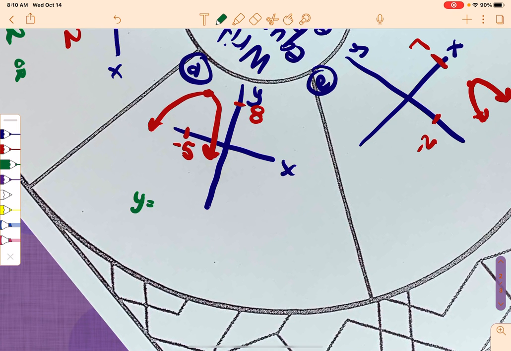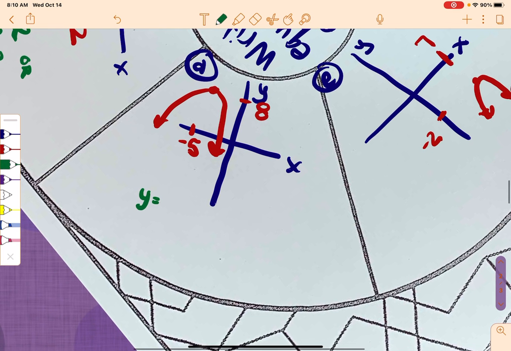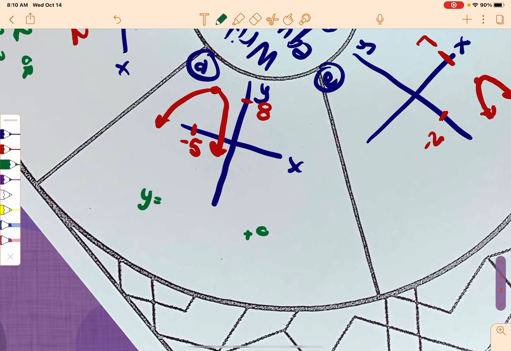Okay, 2 more here. Okay, so I got my setup here. I can see 2 shifts. It goes up 8 and it goes to the left 5. So this is always the easier one. That's positive 8. So I'm going to write plus 8 on the end. Since there's a shift on the x-axis, I know it's got to have those parentheses with x inside and the squared on the outside.